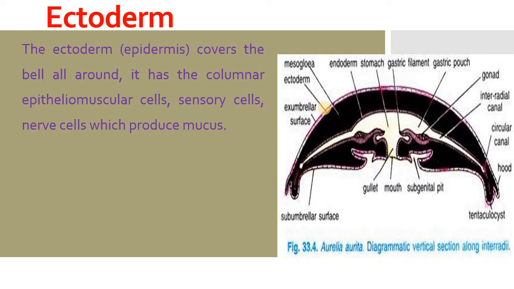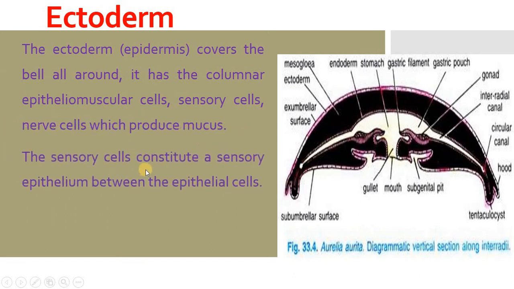All these you can see. The sensory cells constitute a sensory epithelium between the epithelial cells. In the epitheliomuscular cells, the epithelial part is much reduced, and on the subumbrella side it is entirely absent.